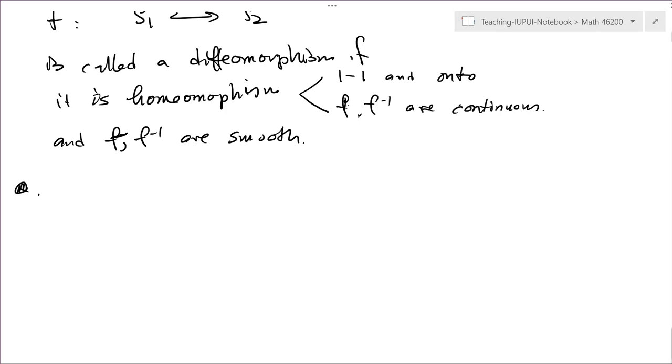So I want to talk about tangent vectors.